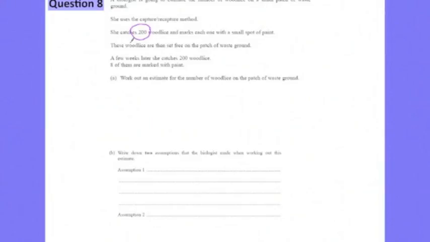So we need to find an estimate for the number of woodlice on the patch of waste ground. To be able to find an estimate, we must take the number originally caught, 200, divided by the proportion, m, where m is equal to the proportion of the second sample that are tagged.